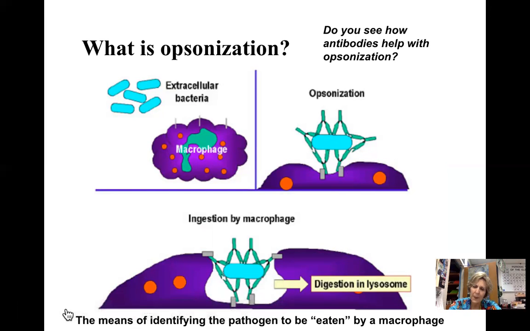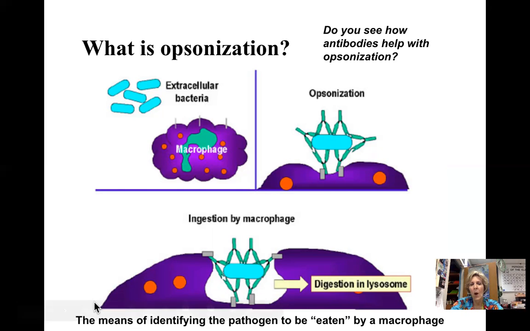So what do these antibodies do anyway? I told you they were kind of like protein handcuffs. Well, one of the things that antibodies do is they help in opsonization. So you might remember that word. That's the Greek word that means a tasty side dish, okay?